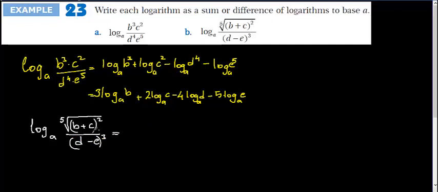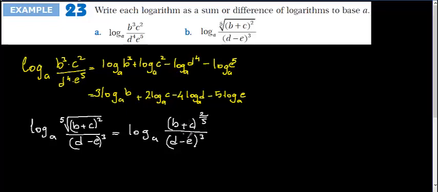You have to be careful in this question because this cube belongs to d minus e. That's why you have to leave it like this, and it's going to be logarithm base a of b plus c to the power of 2 over 5 and d minus e to the power of 3.